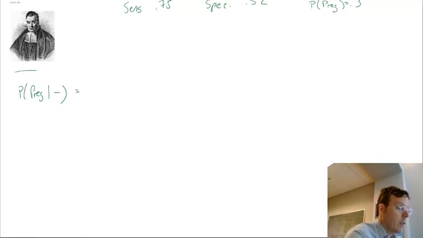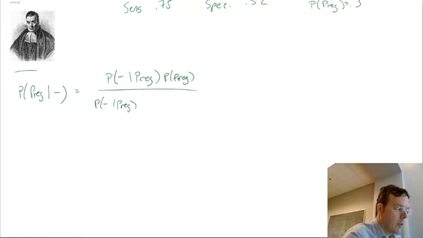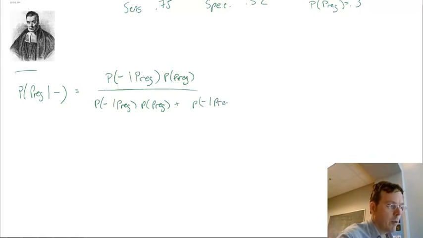So this quantity right here, using Bayes' rule, we can write as the probability of negative given pregnancy times the probability of pregnancy, all over the probability of negative given pregnancy times the probability of pregnancy, plus the probability of negative given not being pregnant times the probability of not being pregnant.